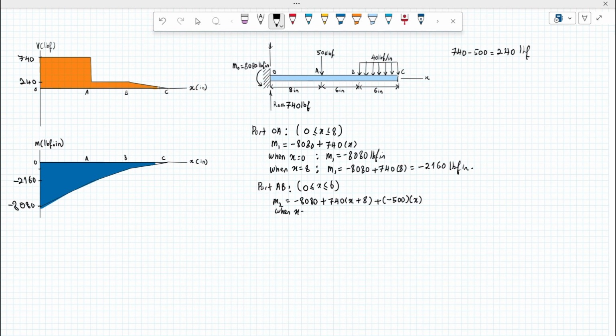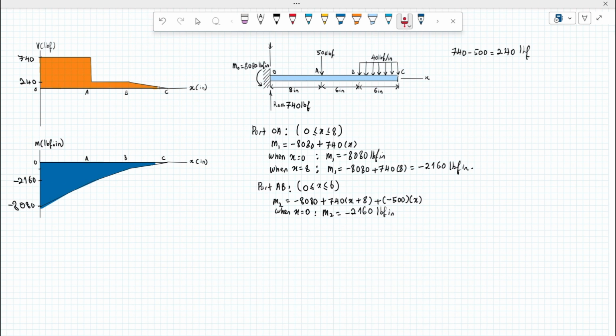When x is equals to 0, which is at point A, M2 would be negative 2160 pound of force inch, which is the same as here. So here is still the same value.